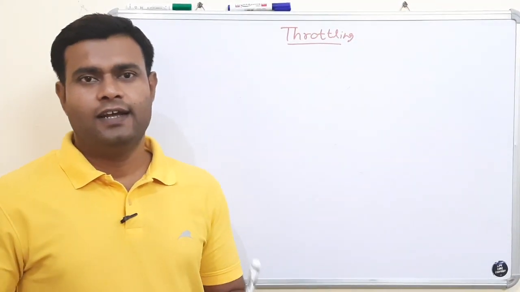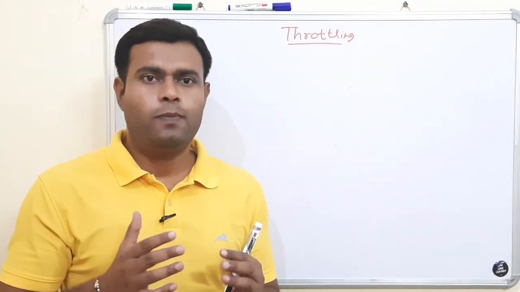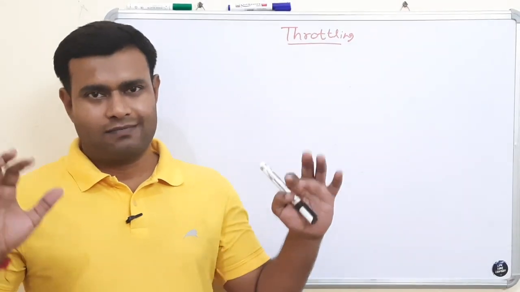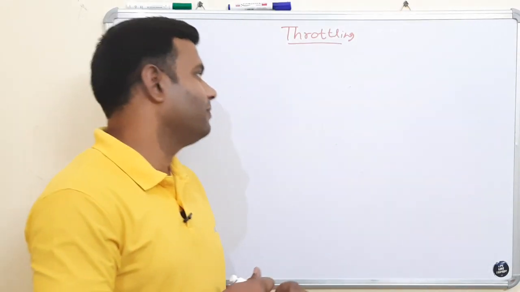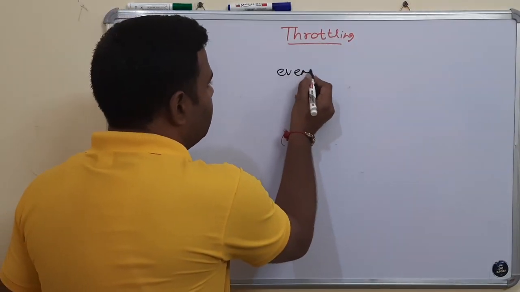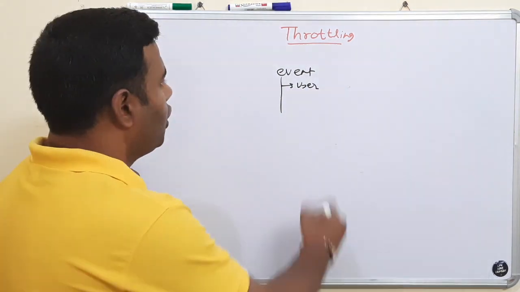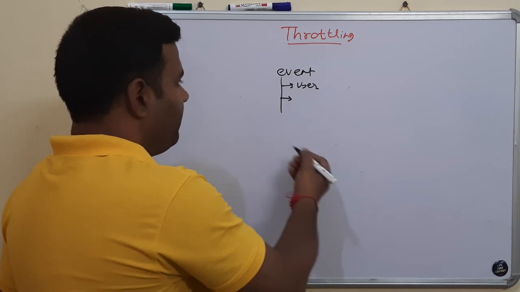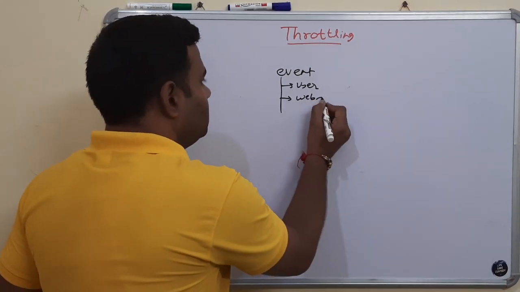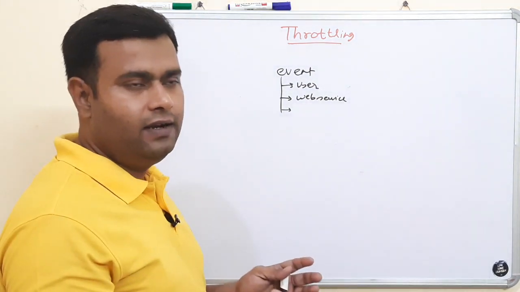In computer science, throttling is used to restrict some operation triggered by some event. Clumsy definition, let's see. Let's say you have triggered some event. Now this event can be triggered by a user, or by a web service, or something happened.